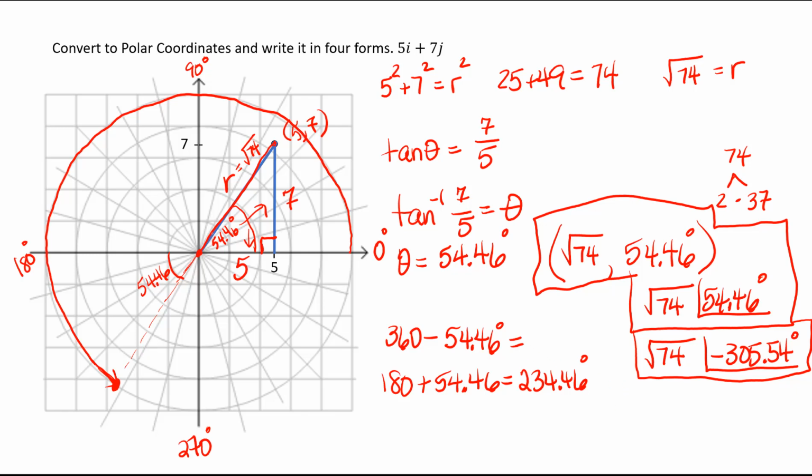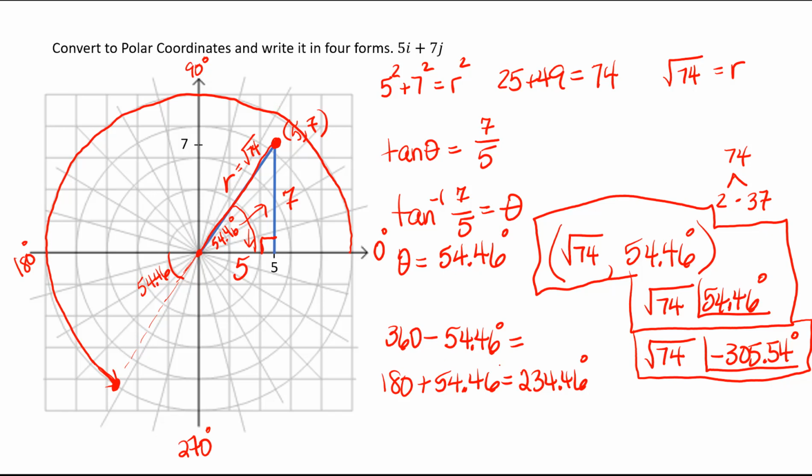So if we start at 0 and go around to that position right there, then we would want to draw our radius backwards because we want to get it back into the first quadrant where the point is. We're trying to tell somebody, how do you get there? The way you could get there is to go 234.46 degrees and then go backwards back into the first quadrant.